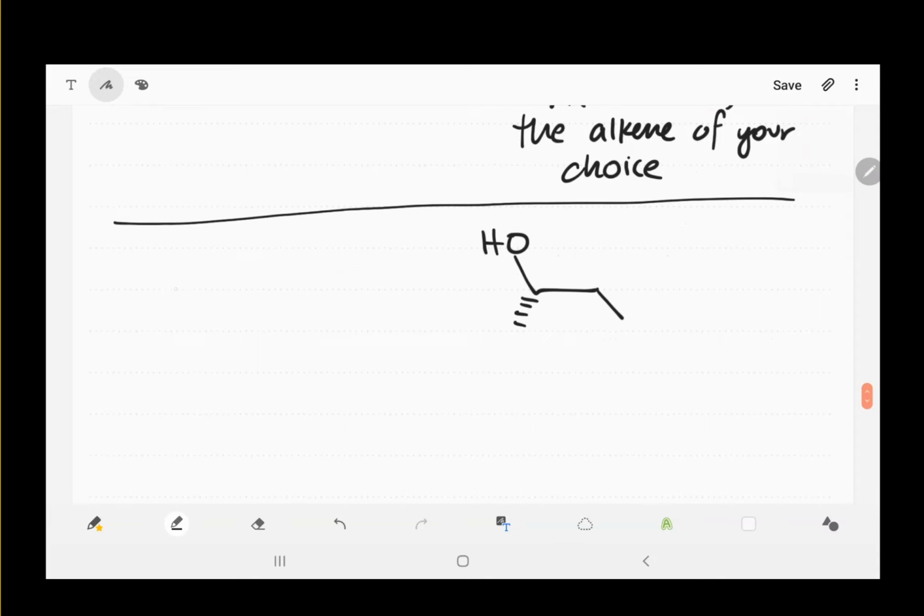So if we had this molecule to start, here, let me move this one over. It'll be the same molecule, don't worry.